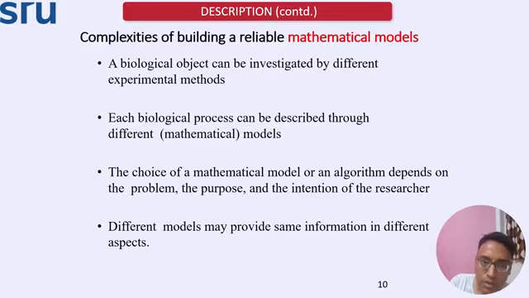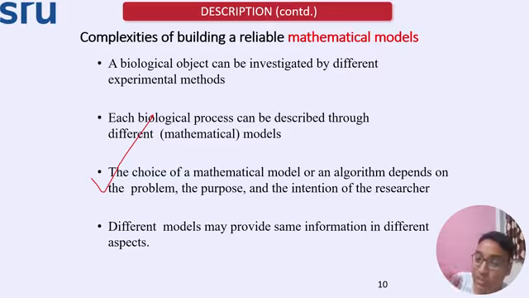The choice of mathematical model, but see this line importantly: the choice of mathematical model or an algorithm depends on the problem, the purpose, and the intention of the researcher. If he is interested in getting the best solution, he will try to do it iteratively and not just once.